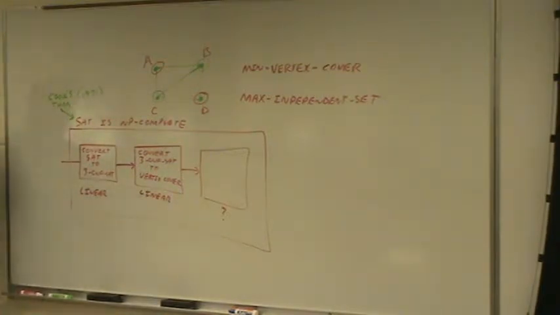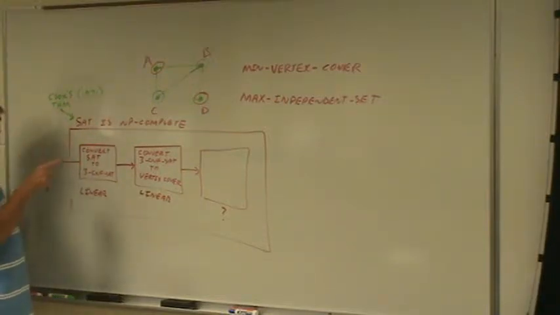So we can convert a graph asking a question about the vertex cover into a graph where we're asking what's the biggest independent set by just, well, I guess we could do it that way.